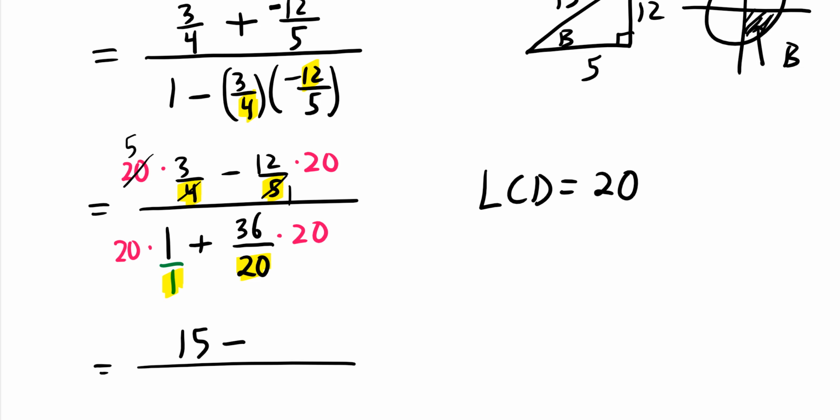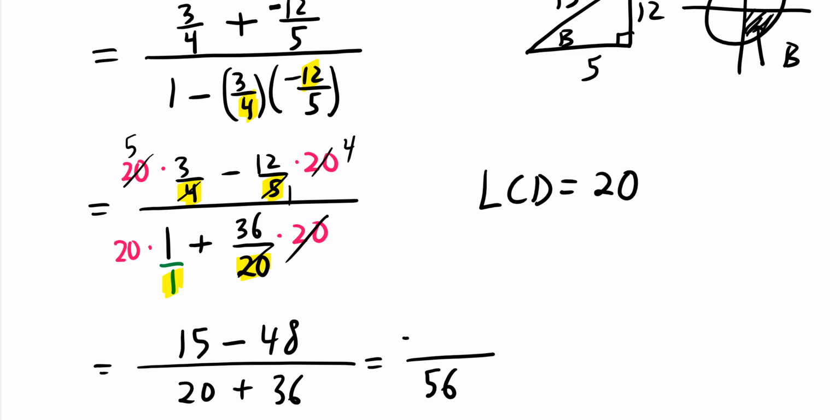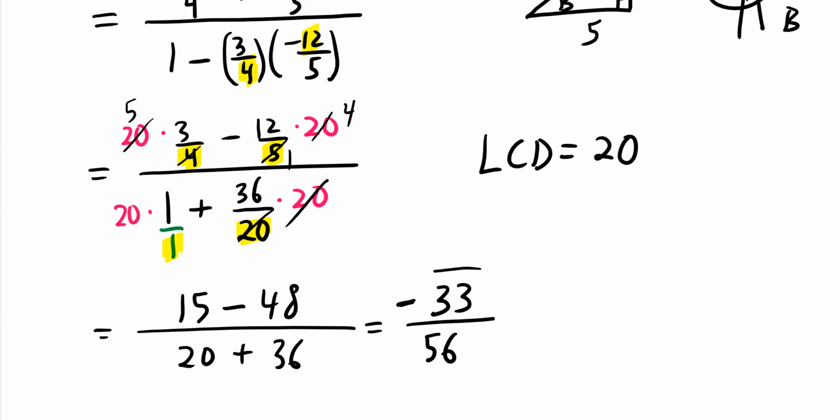Minus 5, 12, 60. That's 48. 20 plus 20 cancels, 36. What do we get? 56 here, and on the top, if we do subtraction, we get negative 33. So that would be the answer for tangent A minus B.